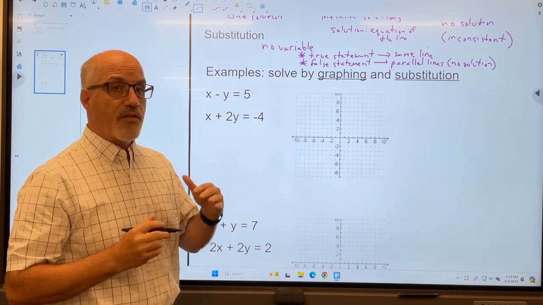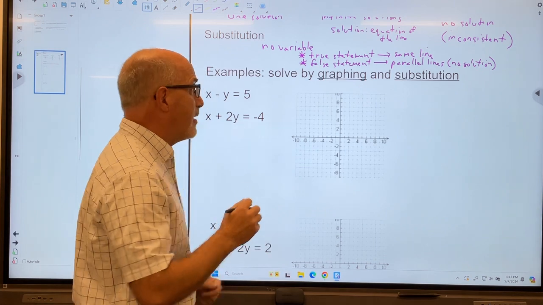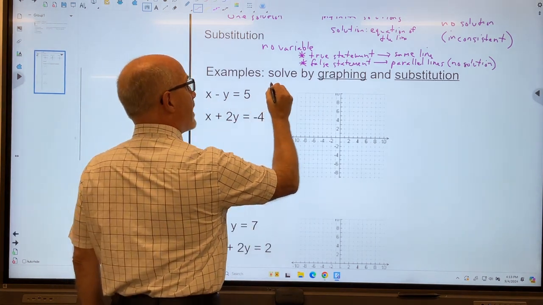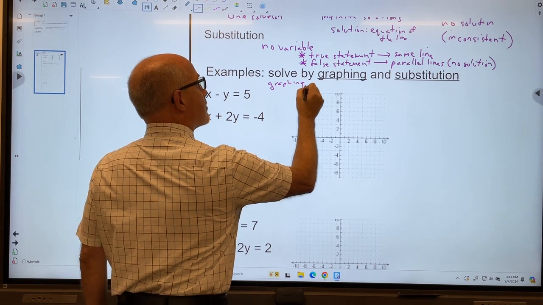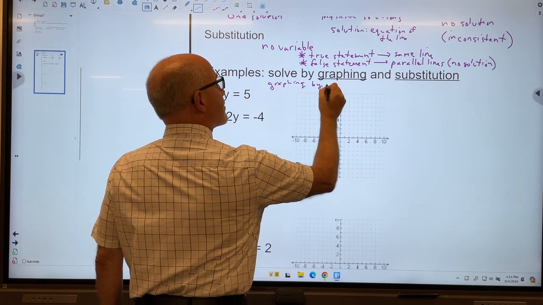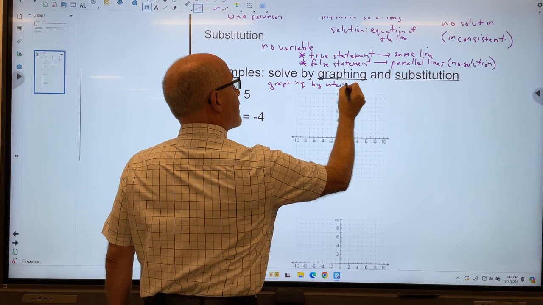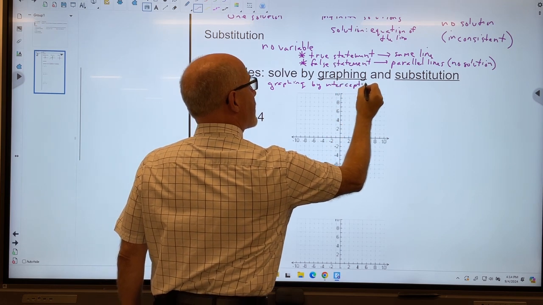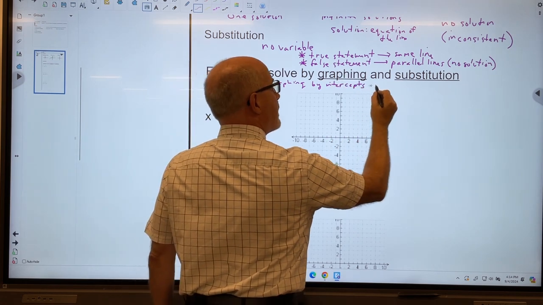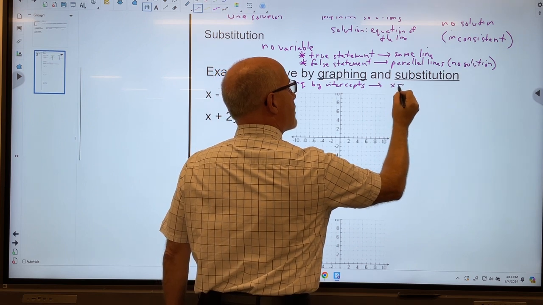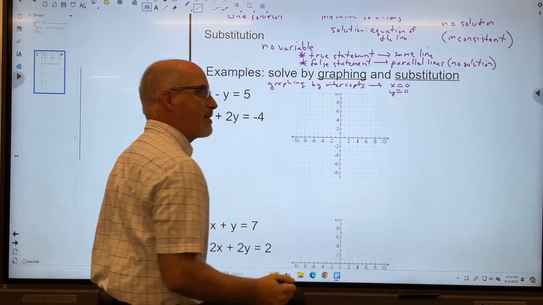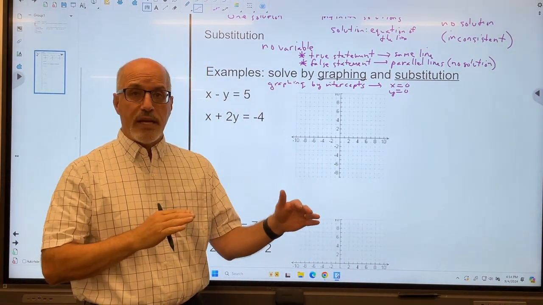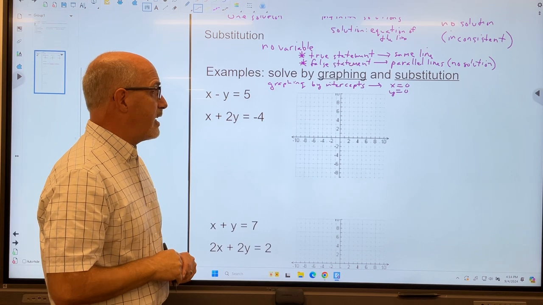This is a little different than how we've graphed up to this point. That means you put in x equals 0 and find y, and put in y equals 0 and find x. That will give the x and y intercepts for the graph, and then you can connect them.